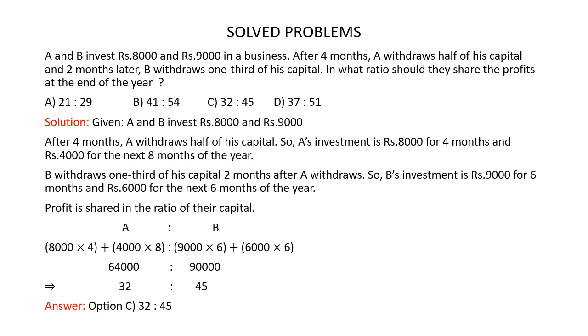On solving, we get 64,000 is to 90,000, which on simplification will give us 32 is to 45. So the profit is shared in the ratio of 32 is to 45. So the correct answer is option C, 32 is to 45.